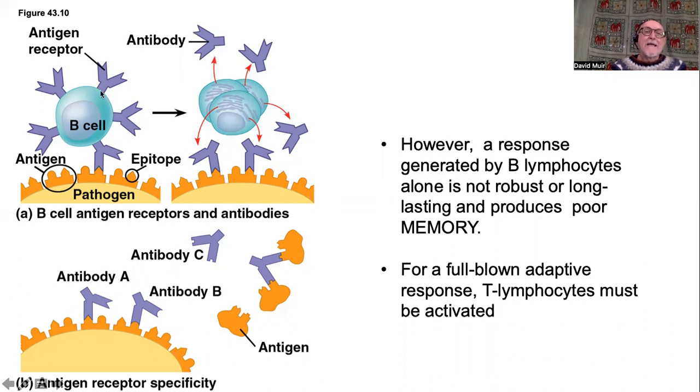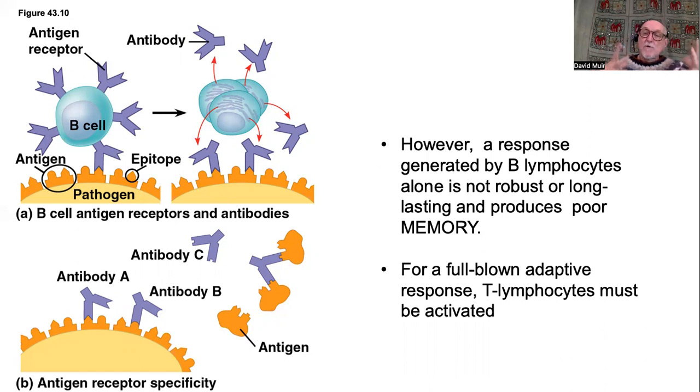But the antibody is almost identical to this receptor in that it binds exactly the same epitope, the same little molecular antigen portion. It is soluble, however. It's released into circulation. In fact, the plasma cells leave the lymph nodes and they begin to circulate in the body. If the infection goes on a long time, they will take up residence actually in the bone marrow.